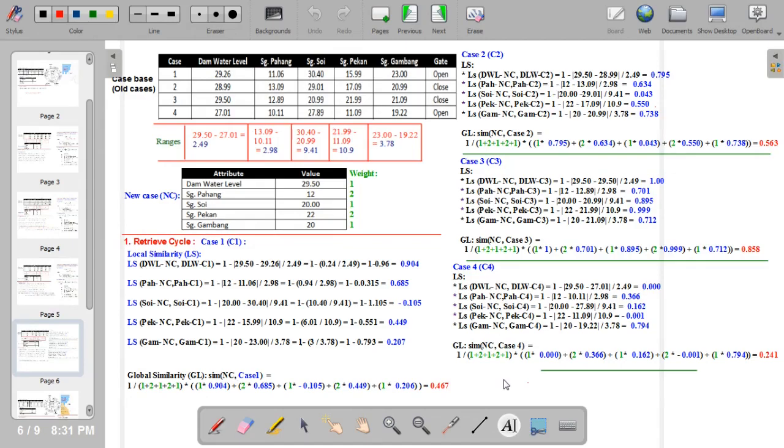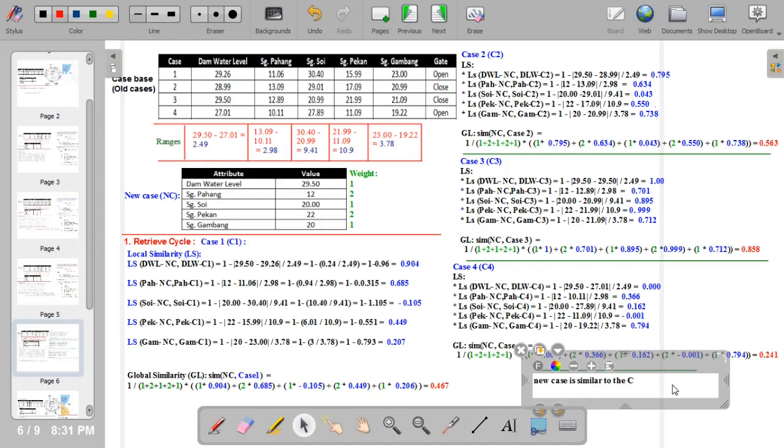After we execute the similarity measure between the new case and all old cases, we can conclude the outcome, which we will write here. The new case is similar to case 1 with the value of this one.